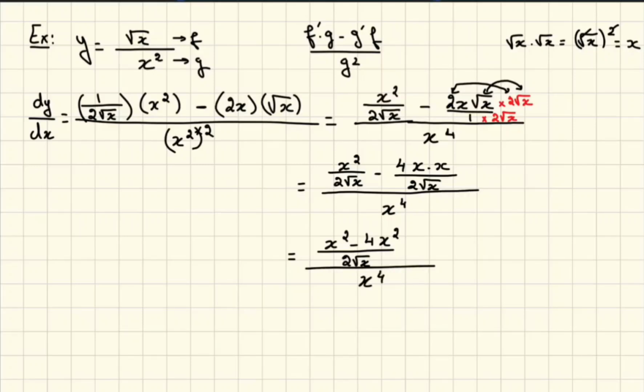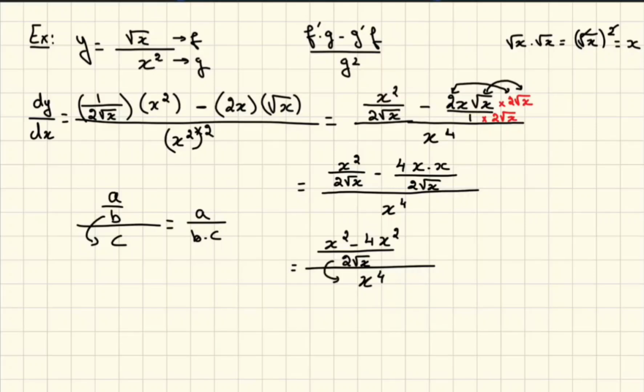Over x exponent 4. Now, here there are two ways to proceed. The first way is, whenever you have a fraction, a over b over c like this, you are allowed to take the b next to the c and write a over b times c. So basically here we have the fraction on top, a over b, and c is the x exponent 4.